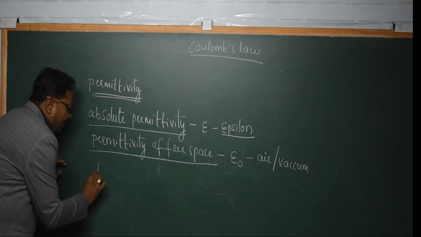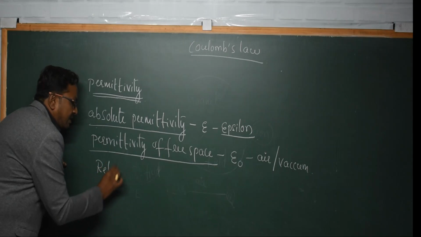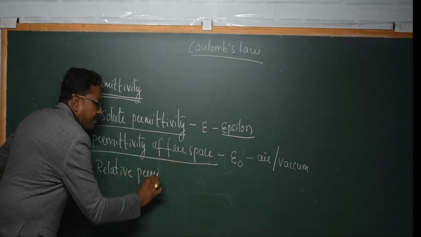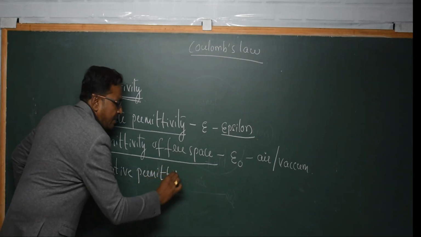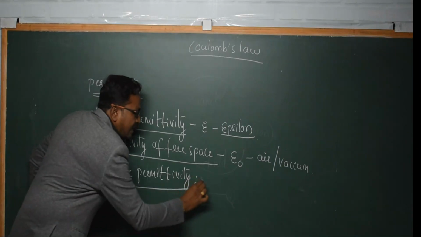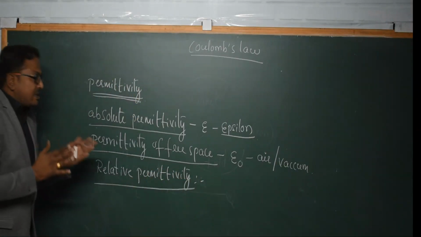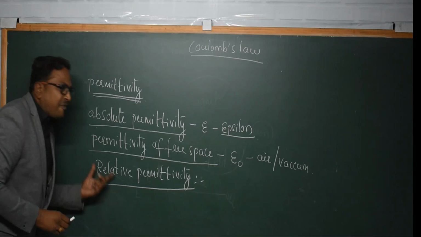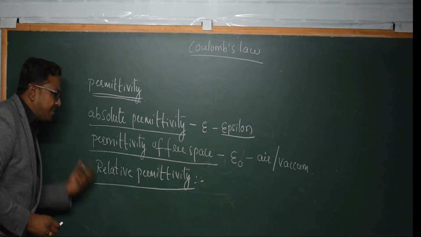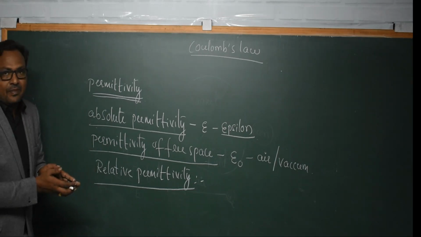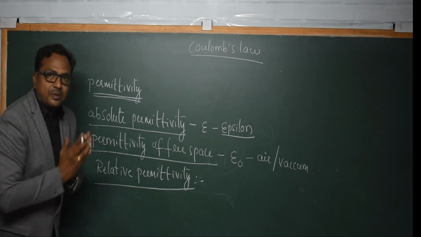Now another important term which we use in Coulomb's law is relative permittivity. So what do you mean by relative permittivity? It is the factor by which the electric field between the charges is decreased relative to the vacuum.